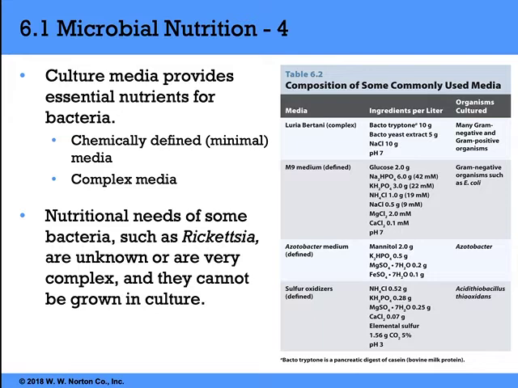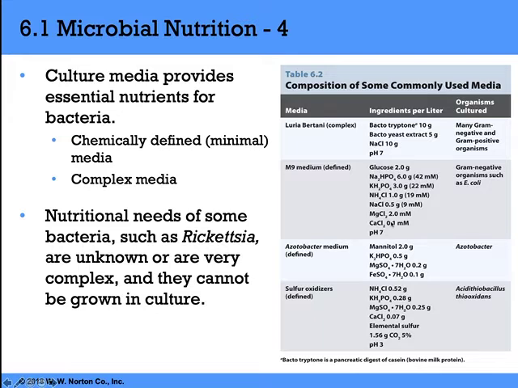An example of a complex media would be something like LB, Luria Bertani broth, right, because you've got the tryptone in the extract, and the exact composition of those two components isn't known, okay. Whereas in a defined medium like M9, right, we know exactly what goes into M9 media down to the milligram, okay.